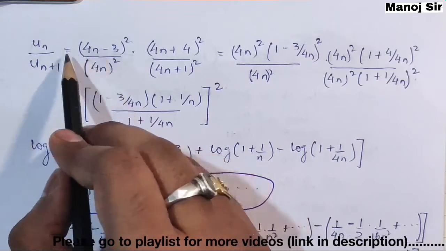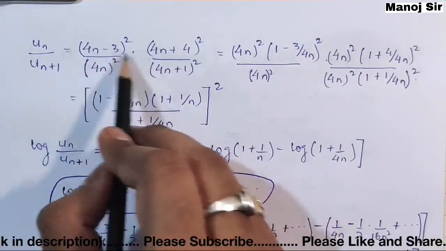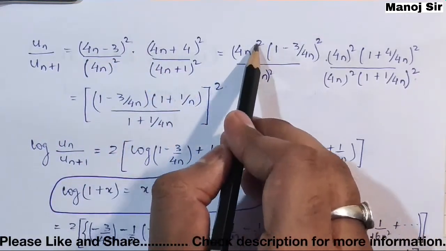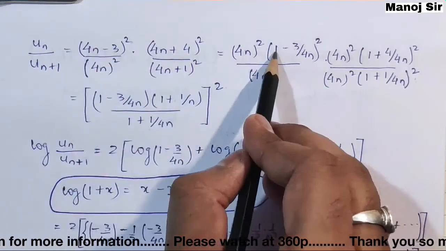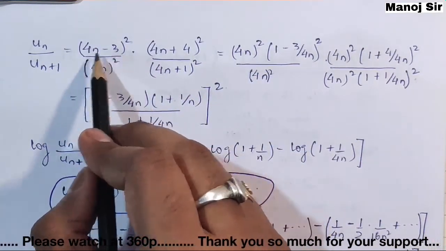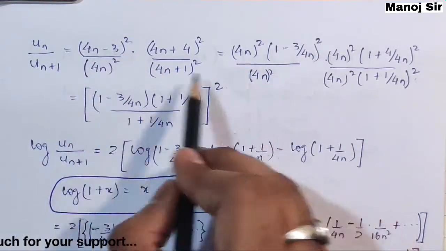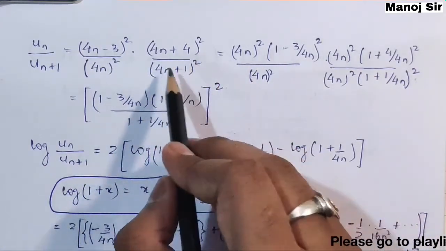So what we need to take common is 4n from each. If you take 4n common, because of this square we will have 4n whole square. Since we have taken 4n common, here we will have 1 and here we will have minus 3 upon 4n, that is minus 3 upon 4n whole square. The single term will be as it is, no change; only the multiple terms change.